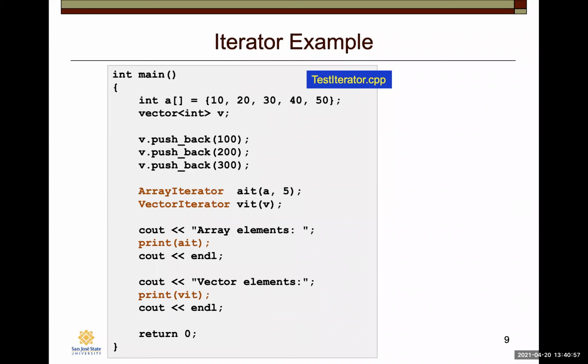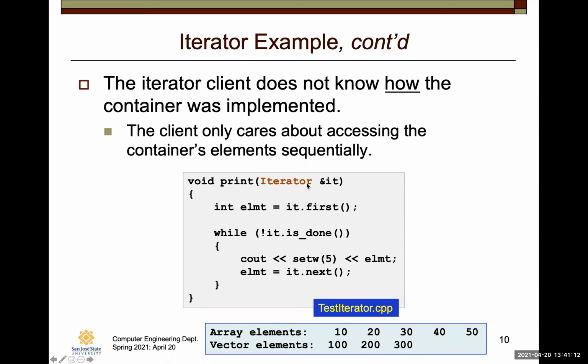You can see here I'm passing the array iterator to my print function, and here I'm passing the vector iterator to the same print function. And of course, the print function then uses coding to the interface. So IT, the parameter, is of type iterator, and therefore I can get the first element, iterate over all the elements by calling next, and then check to see if I'm done.